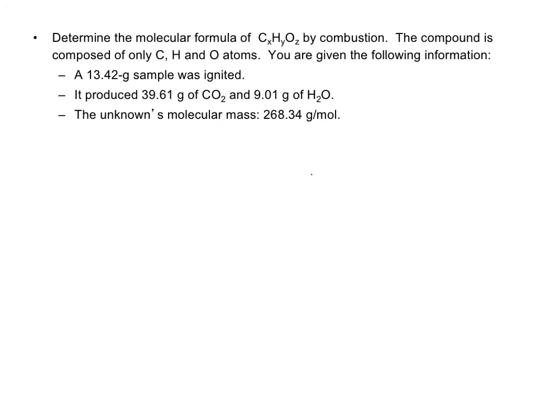All right, so we said the empirical formula was C9H10O. And so to find the molecular formula, I know it's going to be some multiple of the empirical formula. And to find out what that multiple is, I'm going to take the molecular mass or the molar mass and divide it by what I call the empirical mass or the molar mass of the empirical formula.